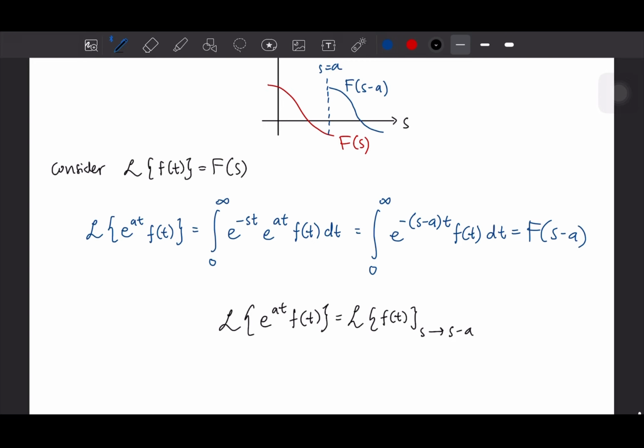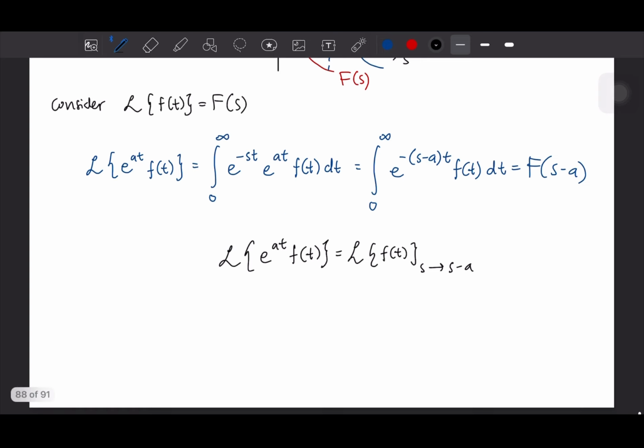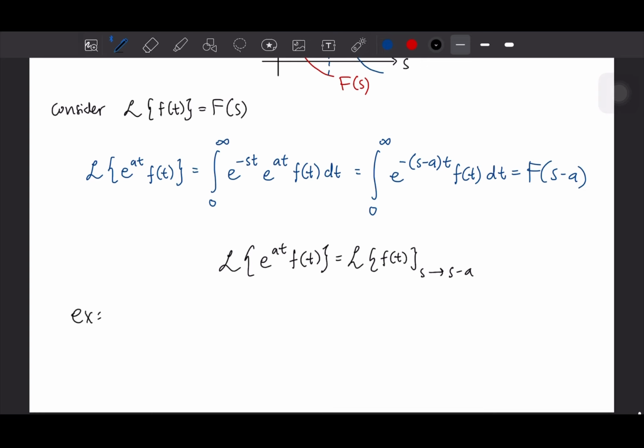So for example, if we take the Laplace transform of e to the power of 5t multiplied with t cubed, then this is actually a translation. We've shifted the t cubed. So this is actually the Laplace transform of t cubed, but shifted from s to s minus 5.